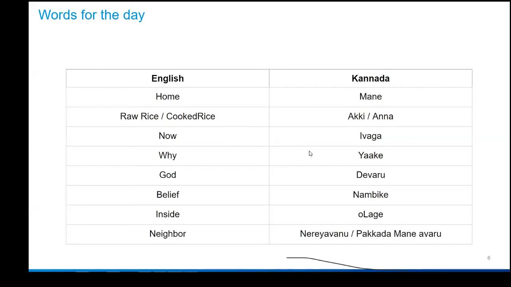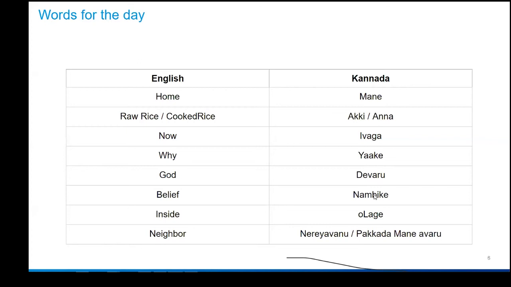Okay, so any questions here? Say the word for neighbor once more. Nereyavanu. So can I tell Revant Pakkada Mane Avaru? Yeah, so you could say Revant Nanna Pakkada Maneyavaru.